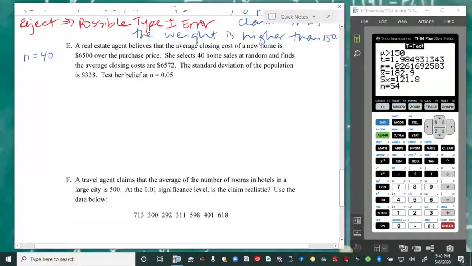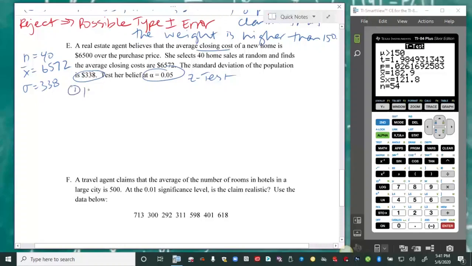And finds that the average closing costs of our sample, so this is X bar, is 6572. The standard deviation of the population, so this is going to be a z-test, is 338. Alpha equals 0.05, test her belief.